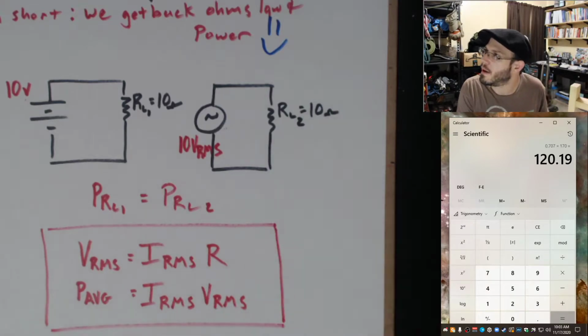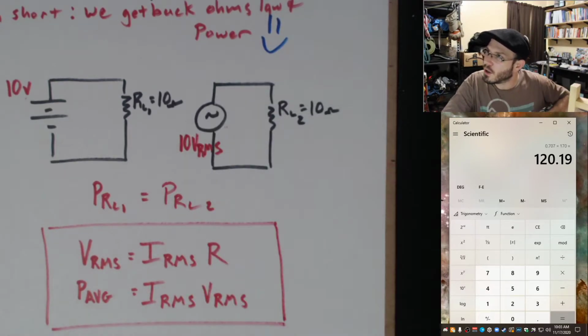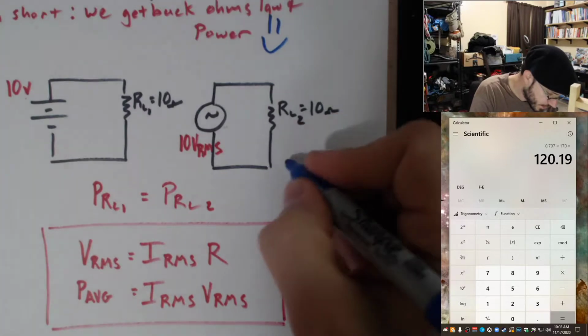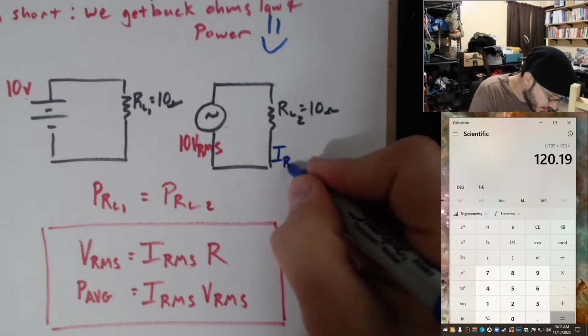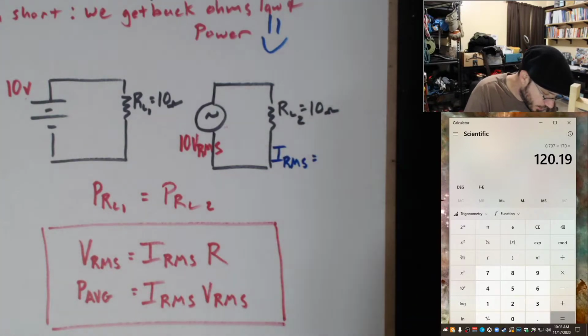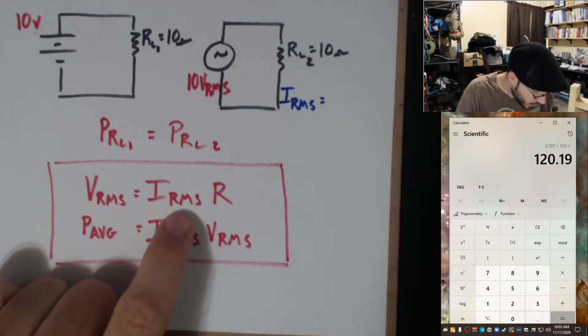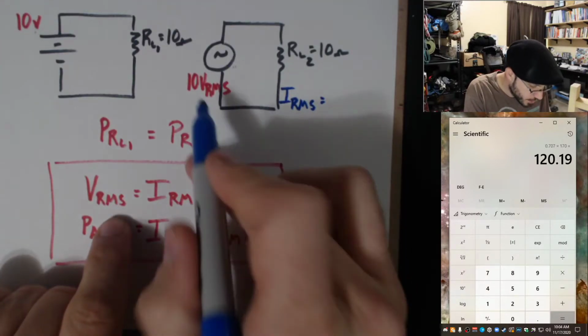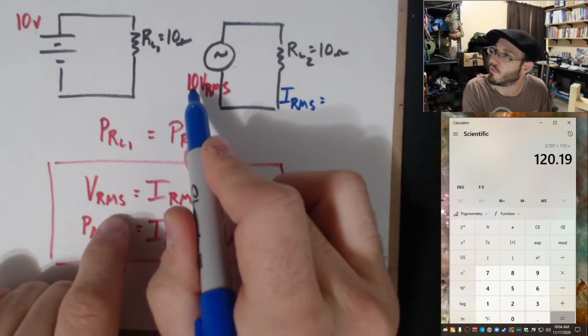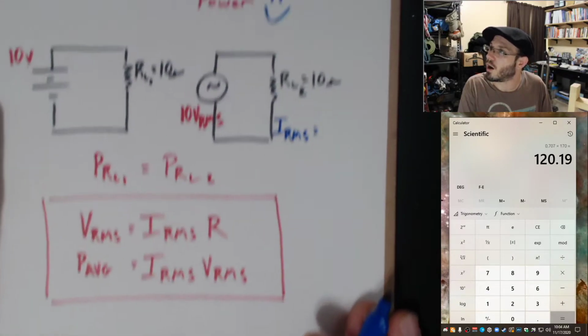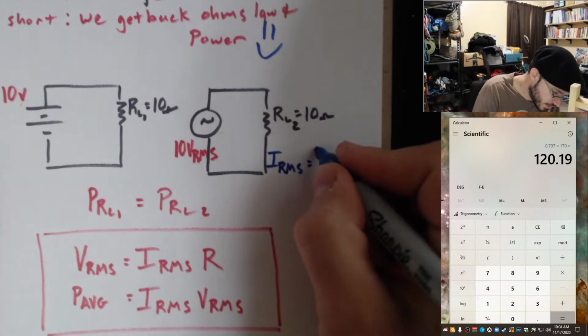If you want me to numerically go through this one, I'll go ahead and do that here. I_RMS is equal to V_RMS, which we already have specified as 10 volts, divided by R, which is 10 ohms.